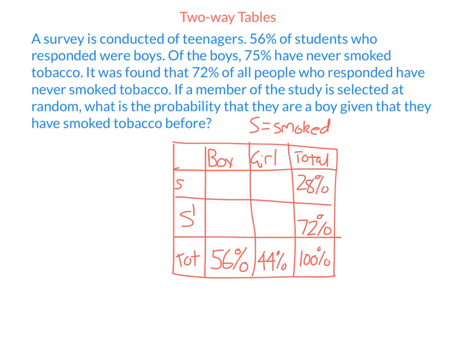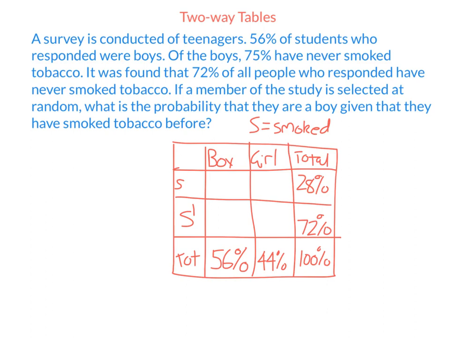So we don't have enough information to fill in these 4 unless we have this information that 75% of boys have never smoked tobacco. That's actually a conditional statement. The probability that someone has never smoked, given they're a boy, is 75%.